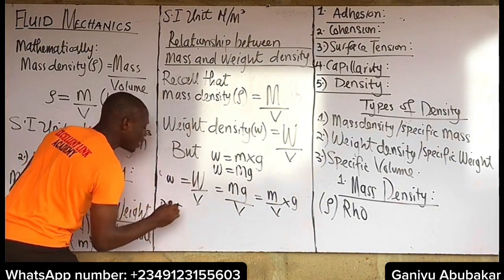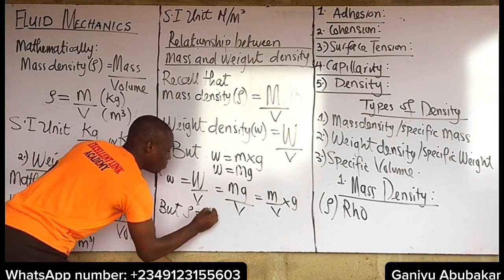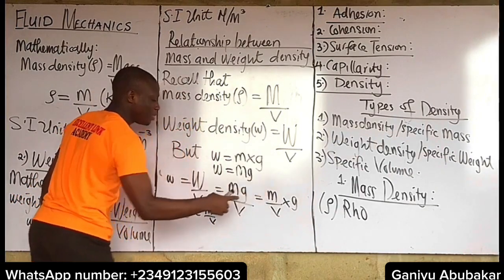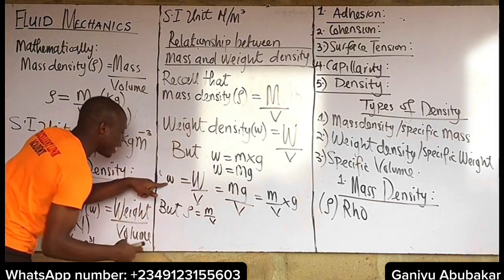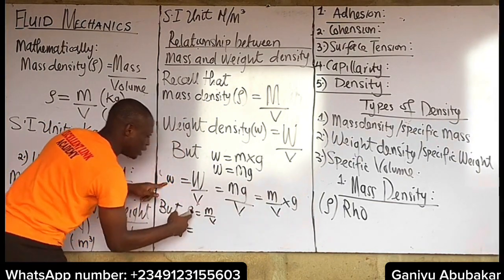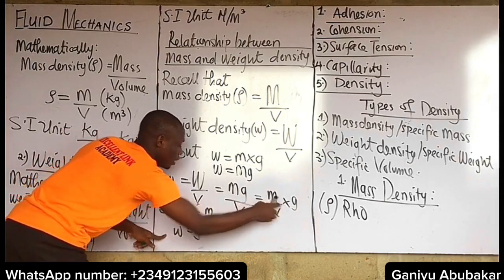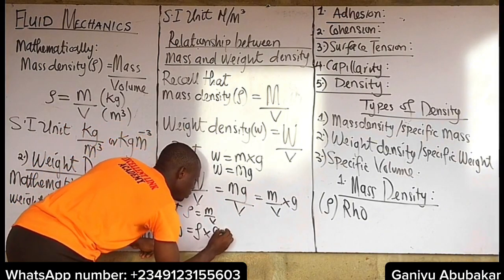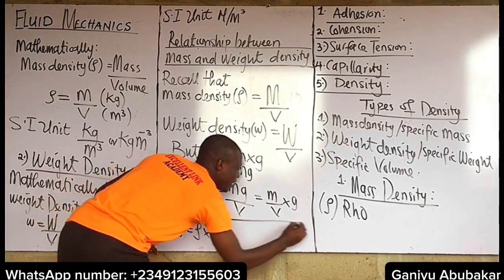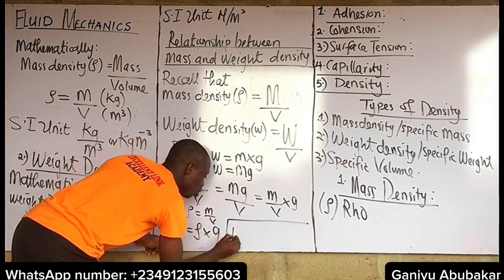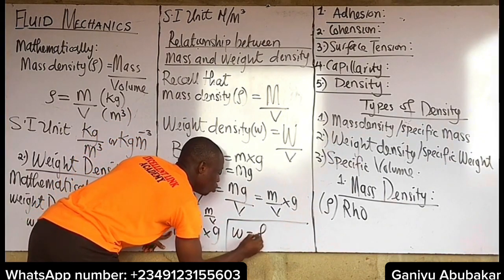From what we know, rho is mass over volume. And I'm saying mass over volume here, so it means that specific weight w is rho times gravity. Therefore, the relationship between mass density and weight density is given as w is equal to rho g.